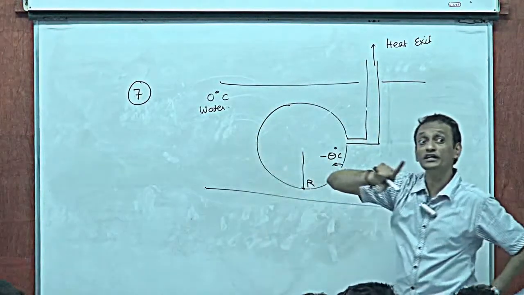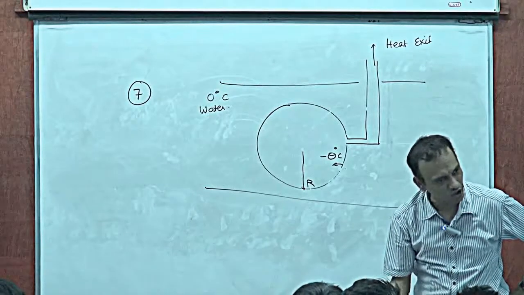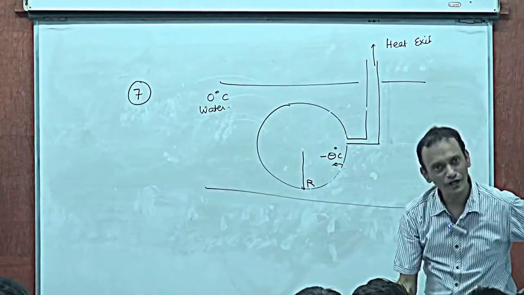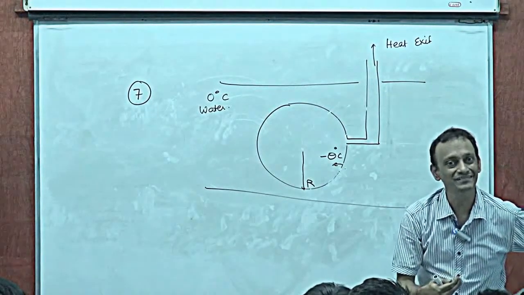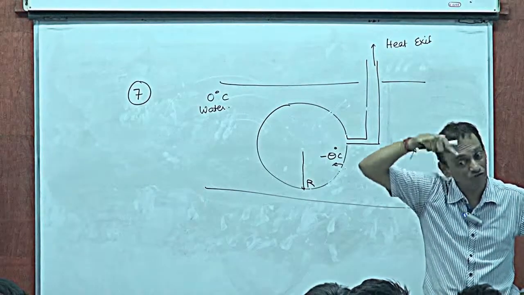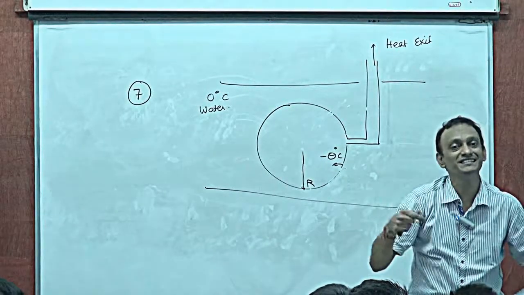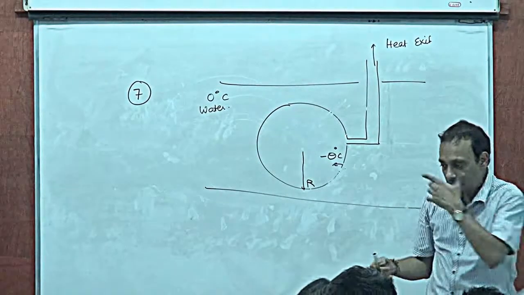Water at 0 degree centigrade would get converted into ice at 0 degree centigrade, for which it will require latent heat. So what flows through this spherical refrigerator is latent heat. Yes or no?